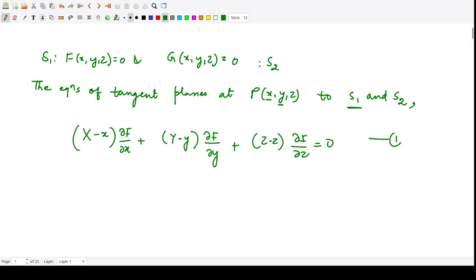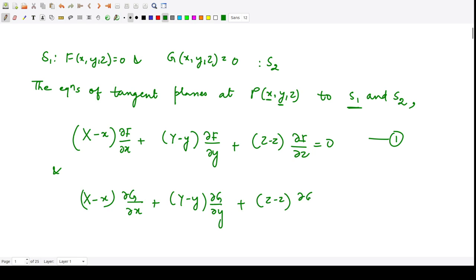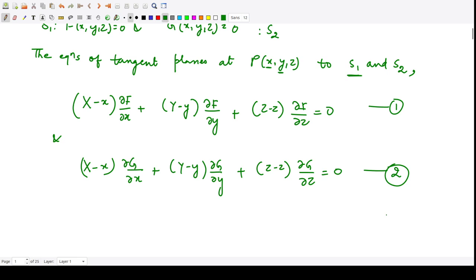Call this equation number 1. Corresponding to surface 2, it would be x minus x del g by del x plus y minus y del g by del y plus z minus z del g by del z equal to 0. These are the two equations corresponding to the tangent planes.